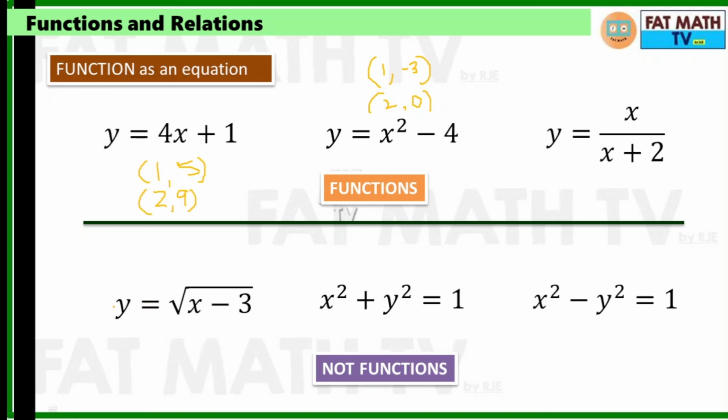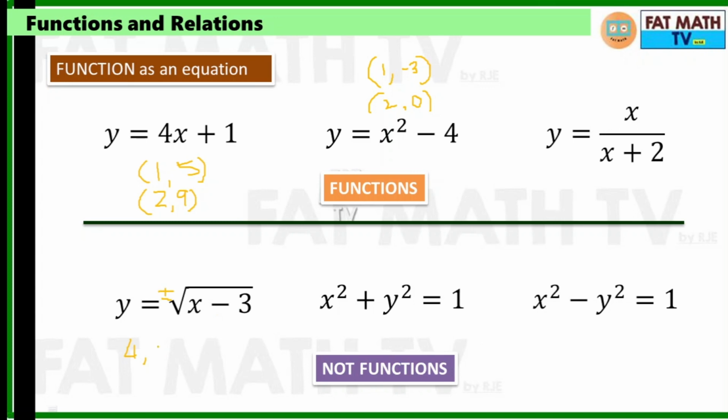How about this one? y equals square root of x minus 3. If we interpret it as plus or minus the square root, then this is not a function. But if we restrict it to be the positive square root, then it can be a function. But in this case, we will interpret this as positive or negative square root of x minus 3. For example, x is 4. 4 minus 3 is 1.